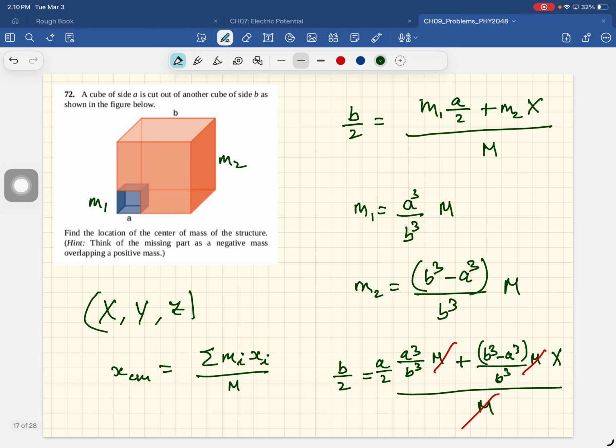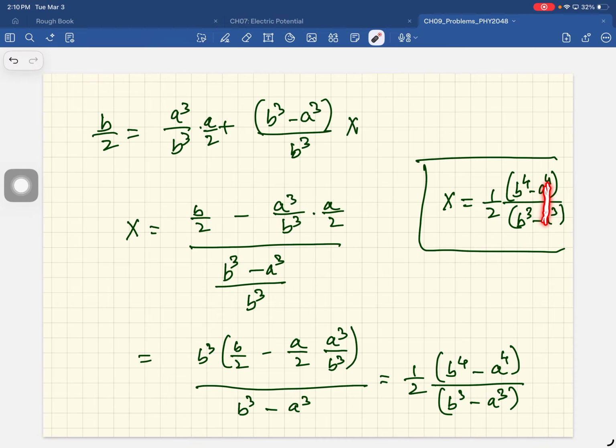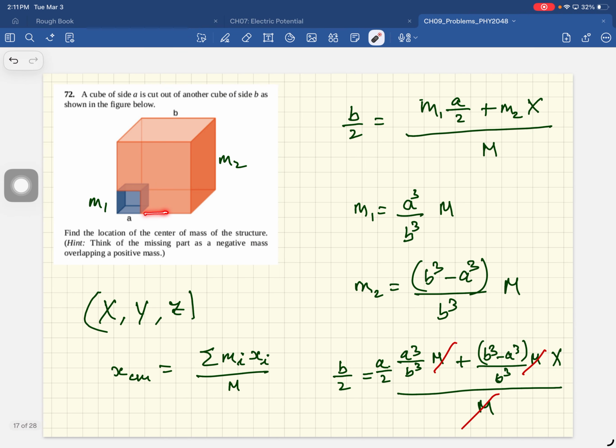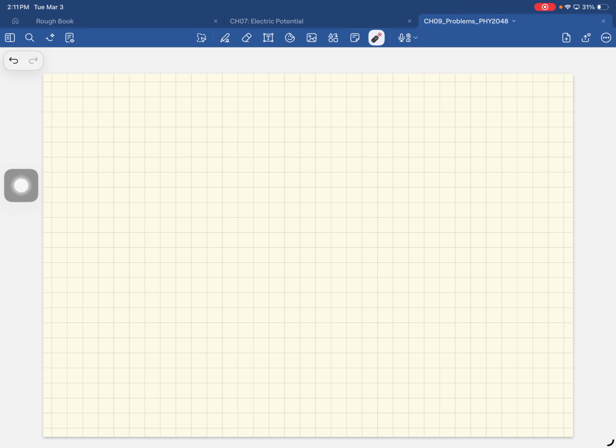Pi r is L, so r is L over pi. Y is r sine theta. Sine theta is y over r, so y is r sine theta. And we're going to put all of that in here.